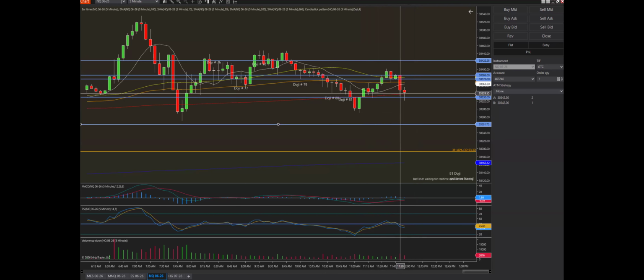Because look, the buyers are coming in at that level, and it could create a lower high. But we need a candle to close and confirm below the doji to get direction, to get the momentum down. This is not momentum down.